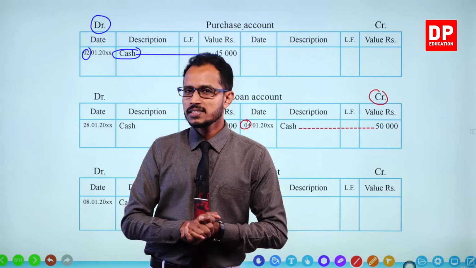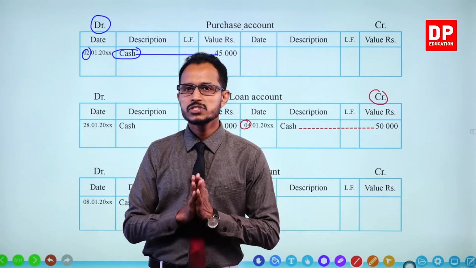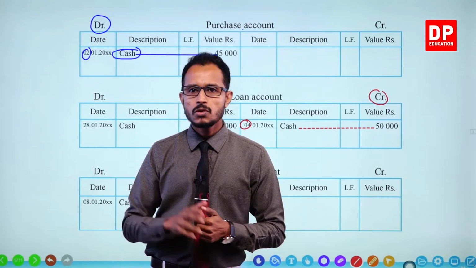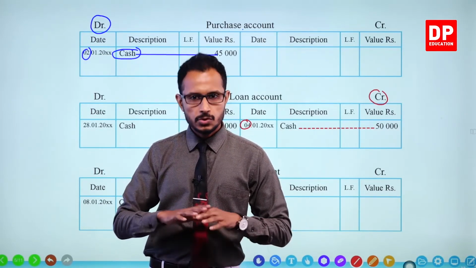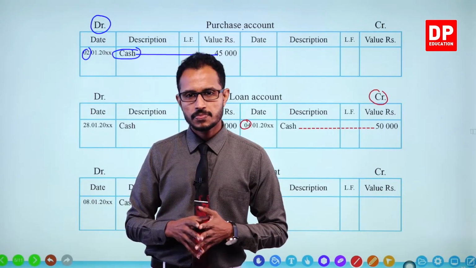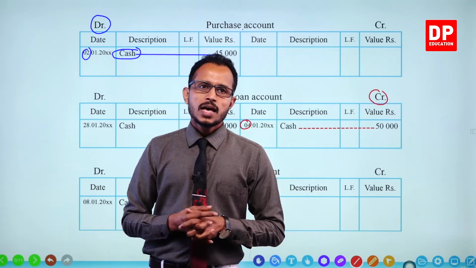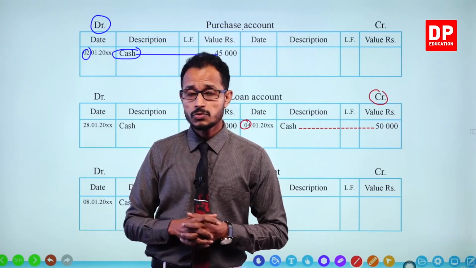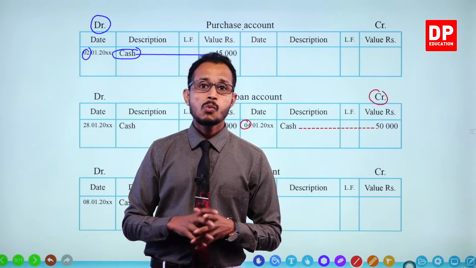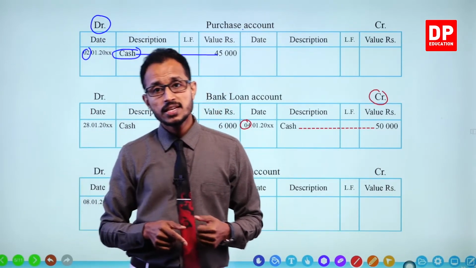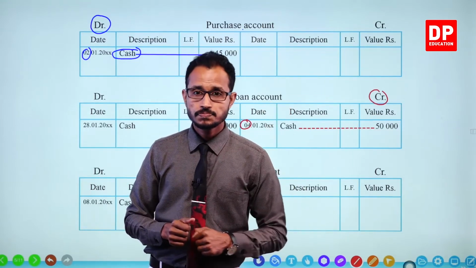With our next session, we are going to start an activity or an exercise and do it. You are going to do it with me, right? In addition to that, you are going to learn how to record discounts, what discounts are, and how to record discounts in the cash book.